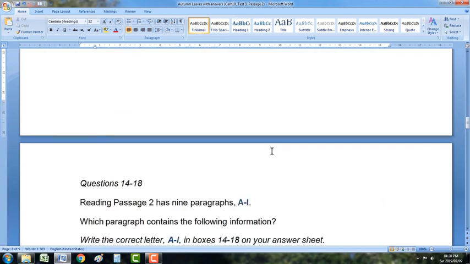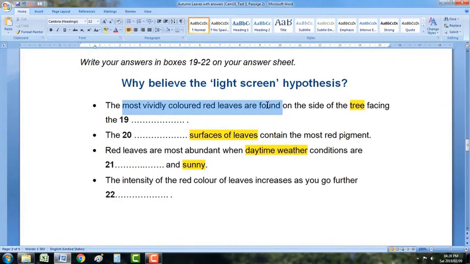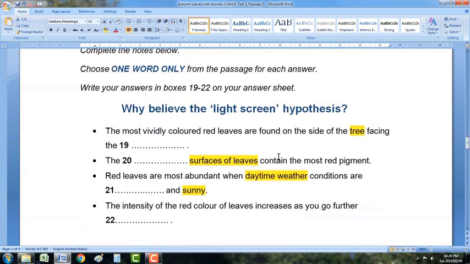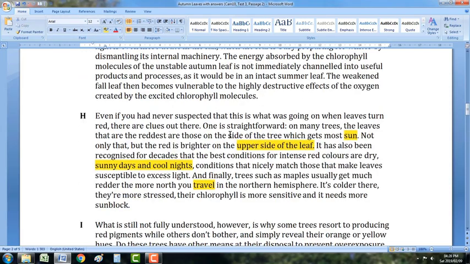So let's find our answers for this. The most vividly colored leaves are found on the side of the tree facing the... Don't worry about vividly, you can say the most colored leaves, the side of the tree. Maybe I should have highlighted that whole thing. The side of the tree which gets most sun.